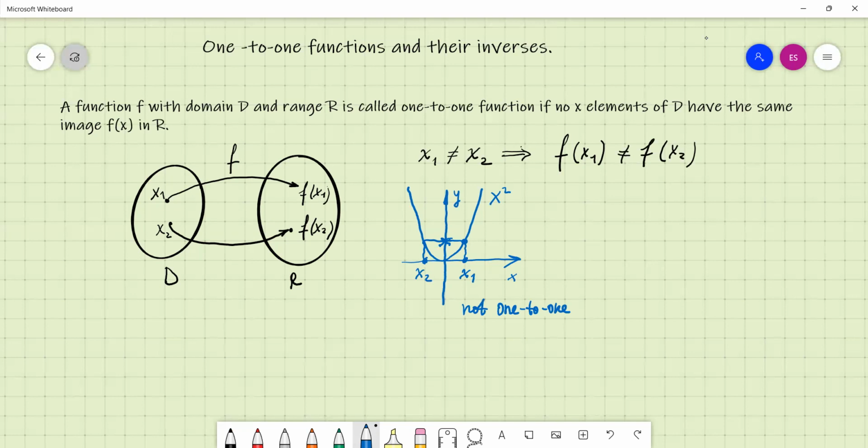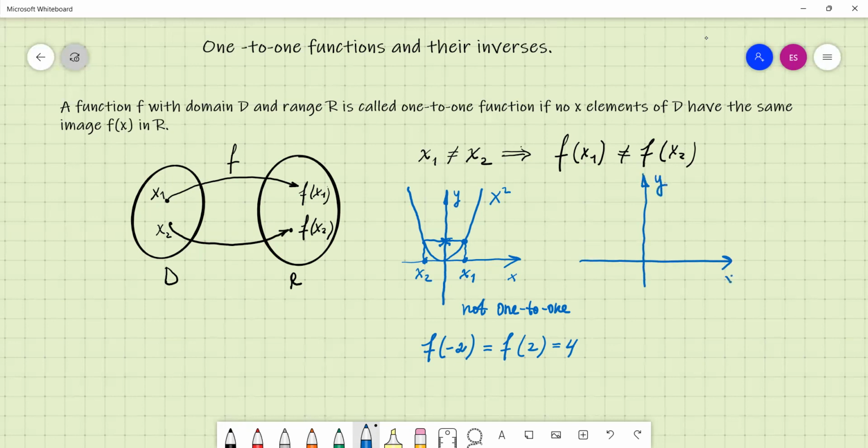Which function is one-to-one? I'm going to write down that f of -2, for example, is equal to f of 2, and equals the same number 4. So not one-to-one breaks the not-equal sign over here. Now, a typical one-to-one function is the cubic parabola.